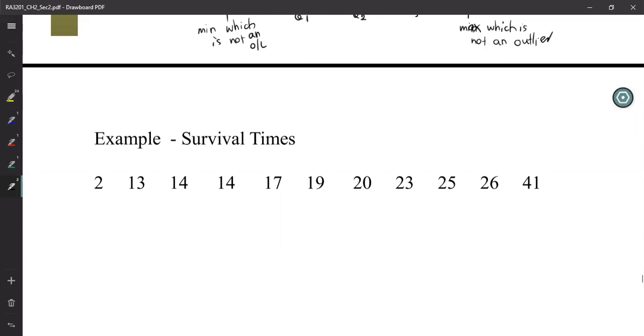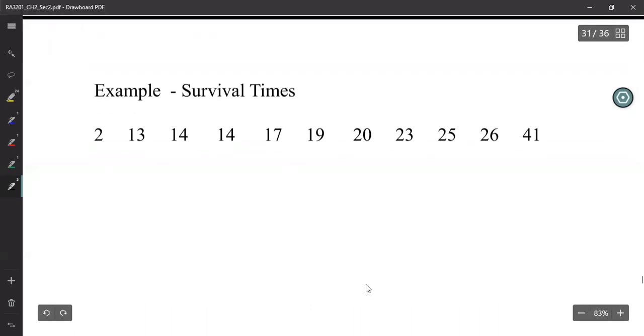You can see there are 11 observations, right? Okay, so let's try to draw the box plot for this one, following all the steps. If you want to do it yourself, you can follow me, right? So this is n equals 11.